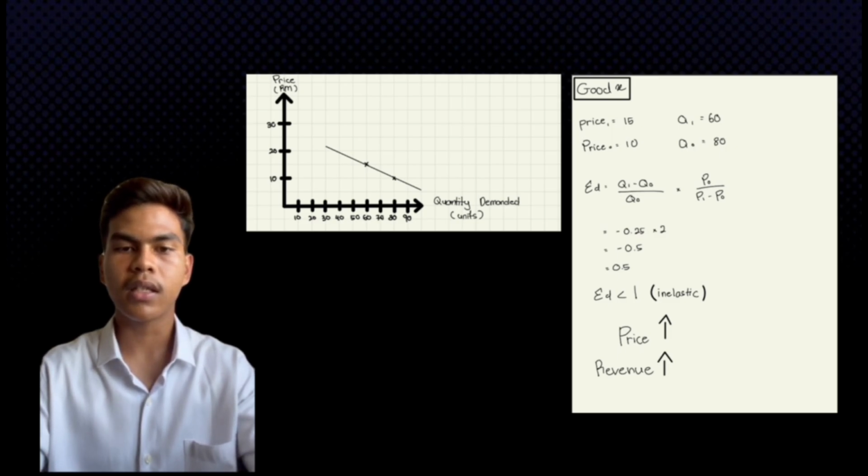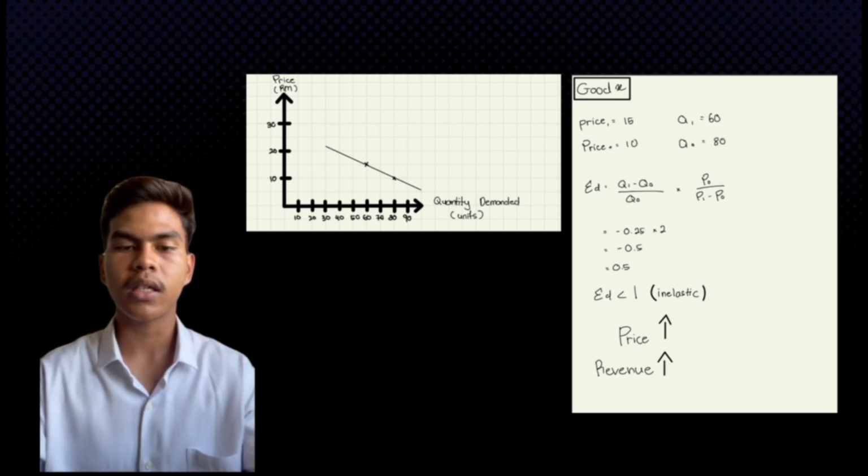To find the elasticity of demand, we need quantity 1, which is 60, minus quantity 0, which is 80, divided by quantity 0, which is 80, and multiply by price 0, which is 10, divided by price 1, 15, minus price 0, 10. Then we will get negative 0.25 multiplied by 2.